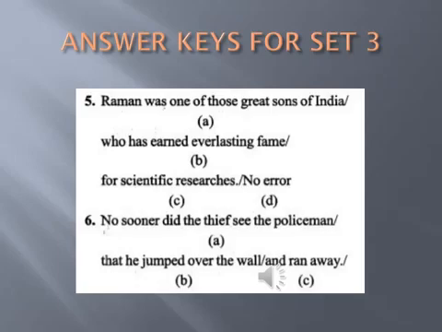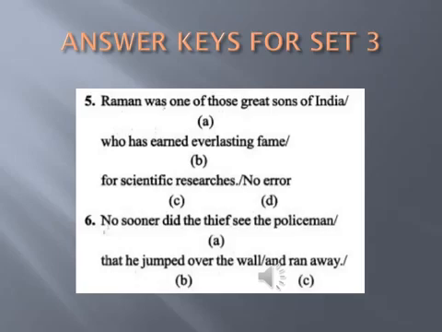So who will be referring to sons of India? So therefore, you have to use a plural verb. One of those great sons of India who have earned. So Raman was one of those great sons of India. So sons, that's in plural. Therefore, the verb which you are using there has to be plural in form. So therefore, who have earned.